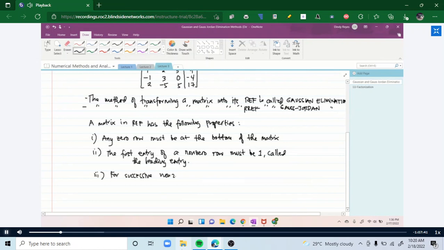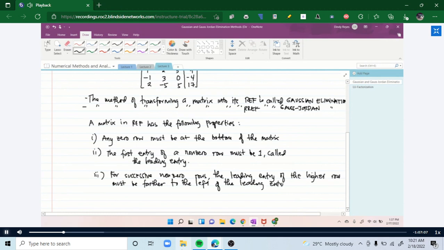For successive non-zero rows, the leading entry of the higher row must be farther to the left of the leading entry of the lower row. So a matrix in REF has these properties.